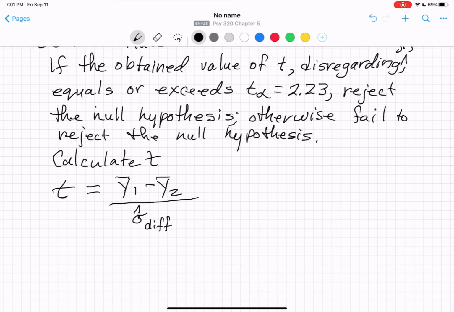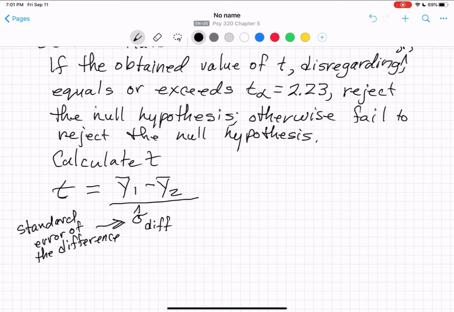The standard error of the difference, that is going to be our measure of within group variability. Okay, and you're going to see it takes into account the standard deviations.